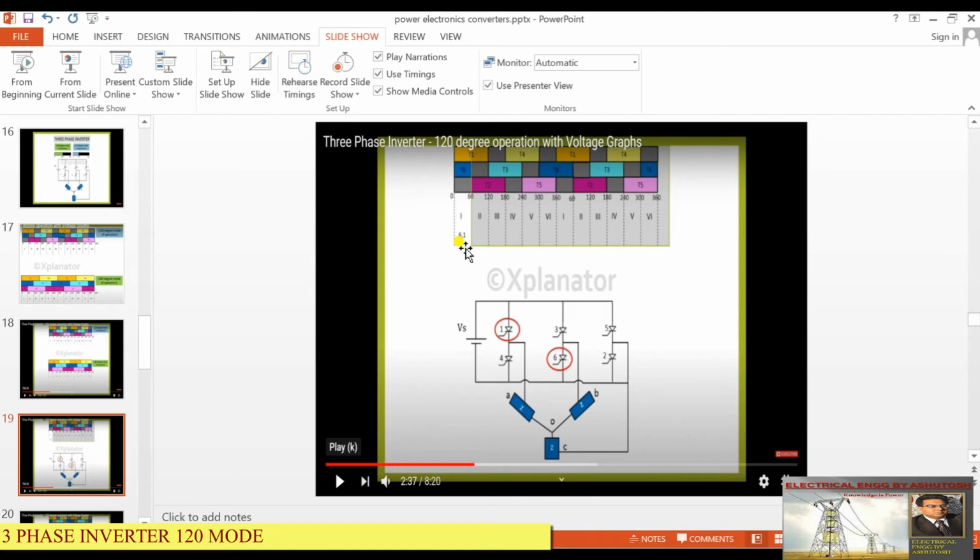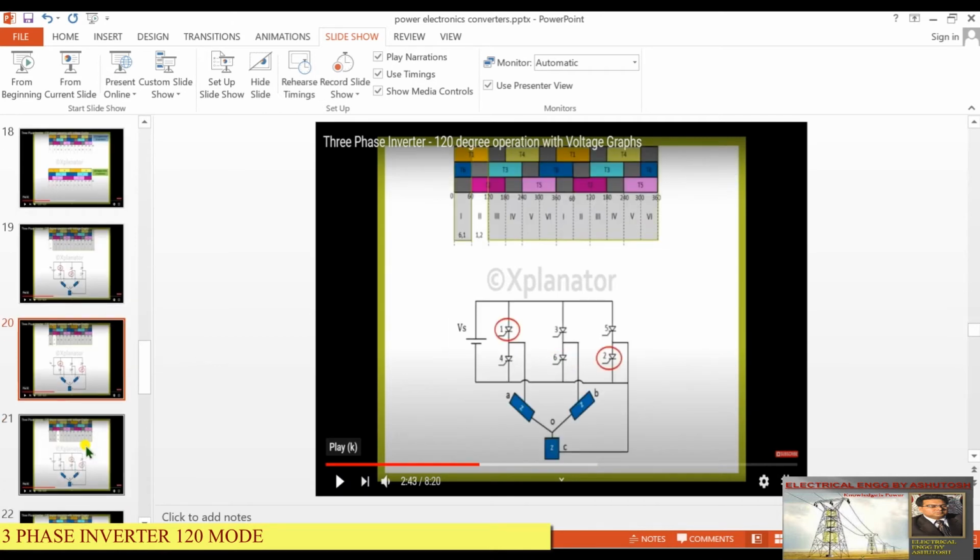Then in the second phase, you can see here, between 60 to 120 degrees, again two IGBTs are conducting, number 1 and number 2.